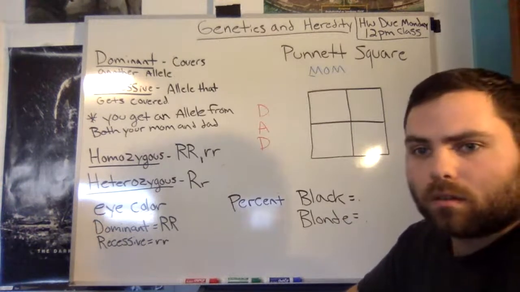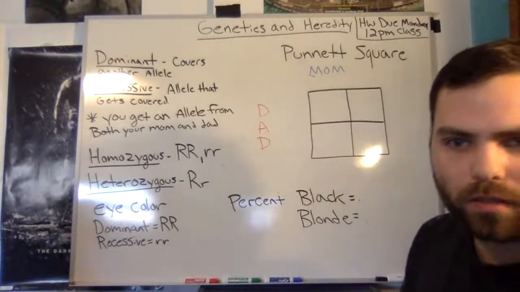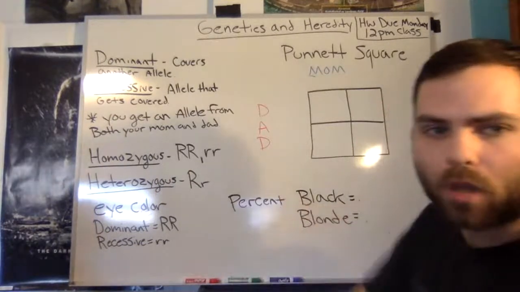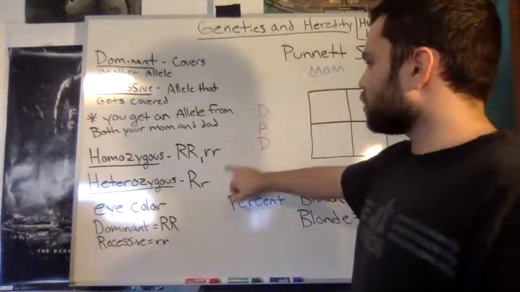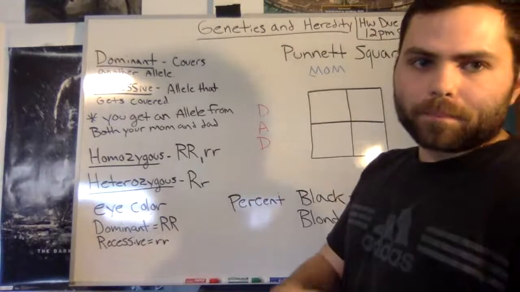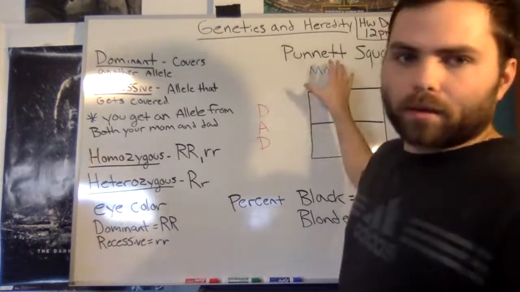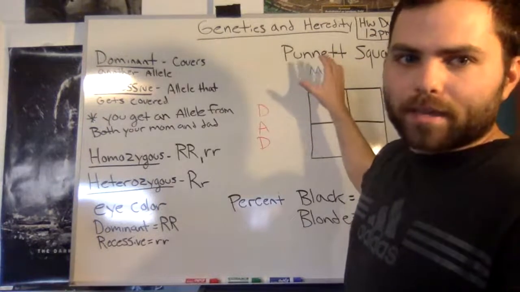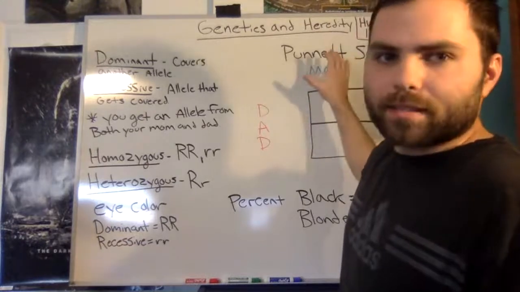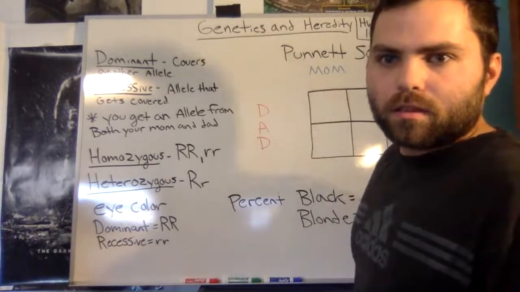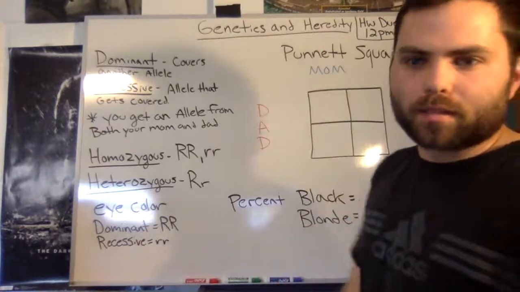But now, because homozygous, it can either be two capital letters or two lowercase letters, all right? So since I'm saying that your parent has homozygous recessive genes, what two letters am I going to write up here? If I say homozygous recessive.